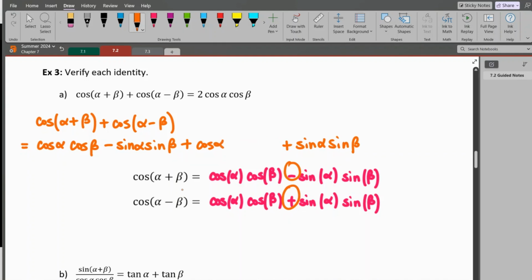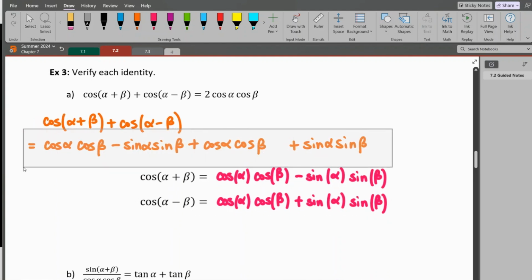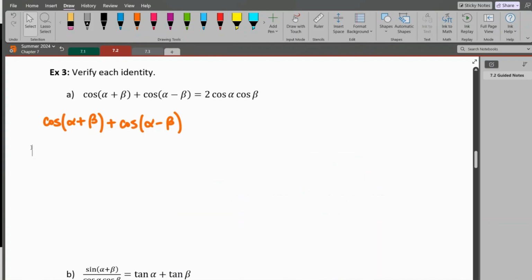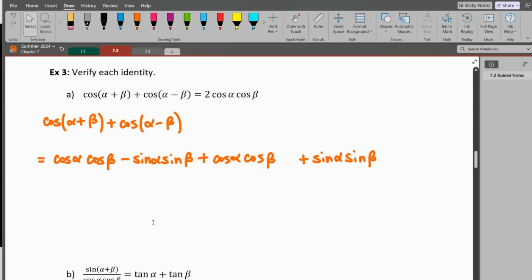Let me actually do that. There we go. Okay. So next, I need to get rid of these identities that I brought in from up above. Let me see if it'll let me do that. There we go.